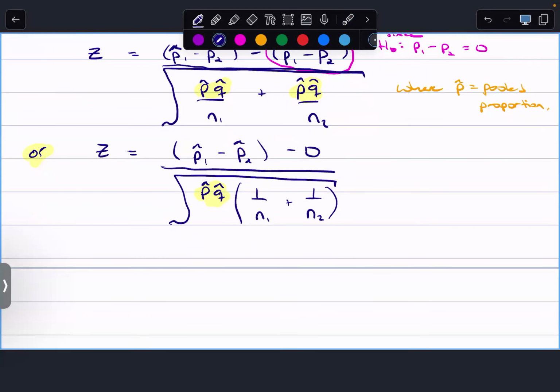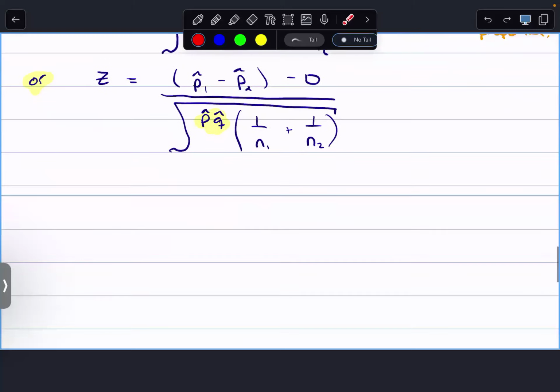Okay. Z, our test statistic, tells us how far our point estimate is from 0. How far is the observed difference in proportions from 0? Anything more than 2 standard errors will likely reject H0, right? Because that's quite far away.